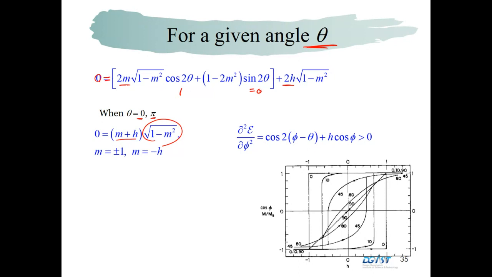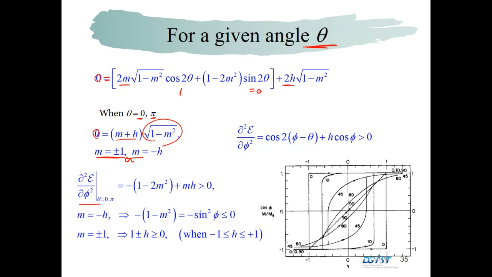And also, in this relation, to satisfy this zero condition, they should satisfy m is minus 1 or m is minus h. Actually, that result is the same as the previous calculation.